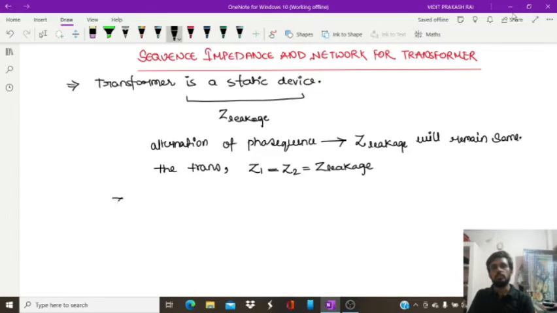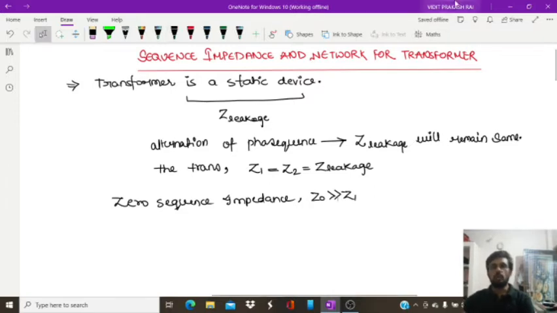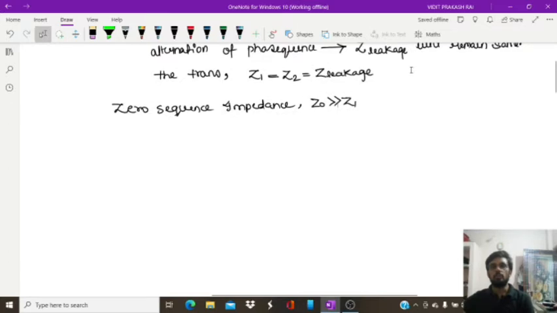What about the zero sequence impedance? Here, zero sequence impedance will be greater than your positive sequence impedance or negative sequence impedance. So, how to find this zero sequence impedance for the transformer?